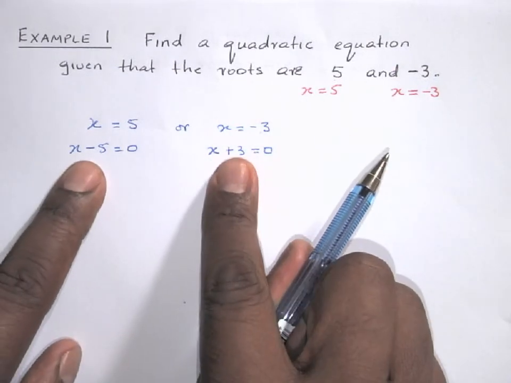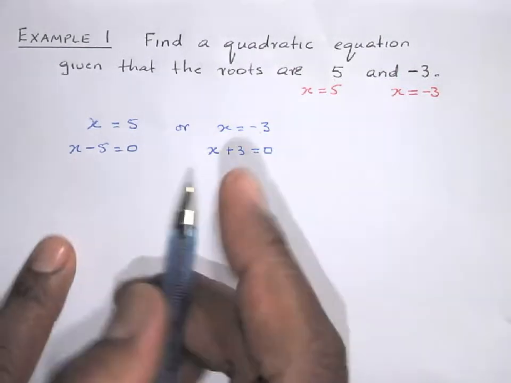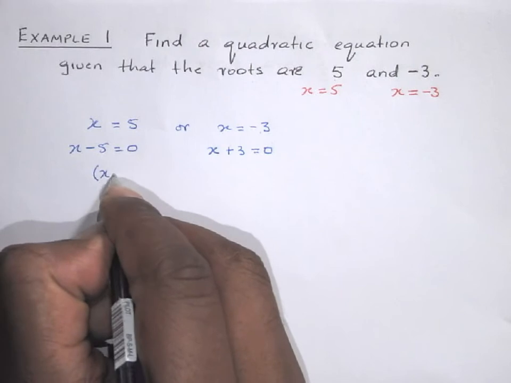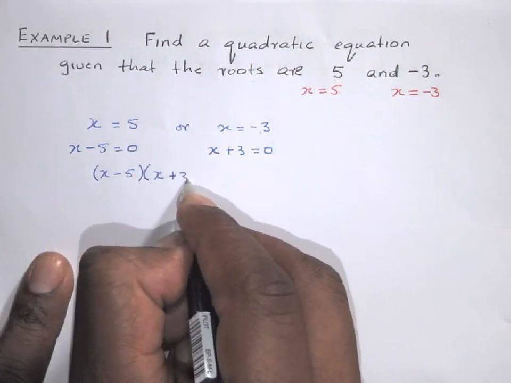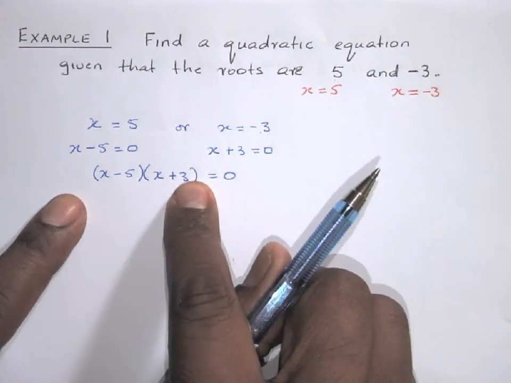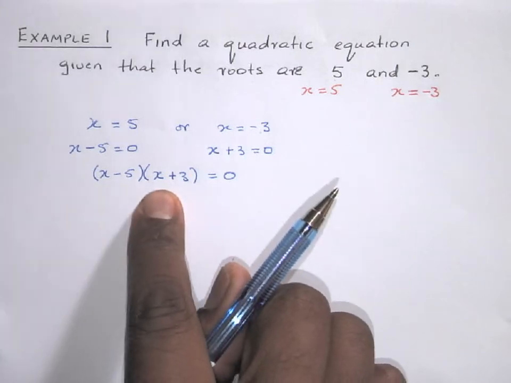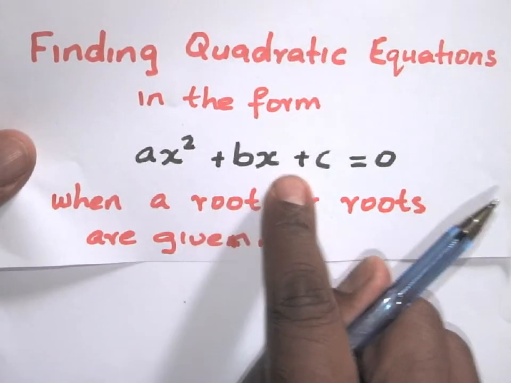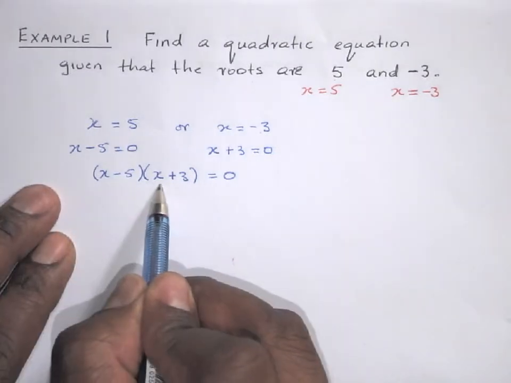These are factors that came from a quadratic equation, which was x minus 5 and x plus 3 when that was equal to 0. So obviously now we do have the quadratic equation, but it should be in this form ax squared plus bx plus c is equal to 0. So obviously it means that we've got to remove brackets here.